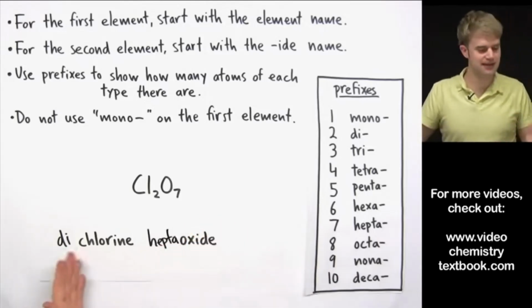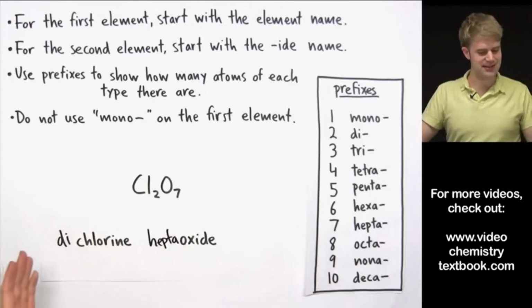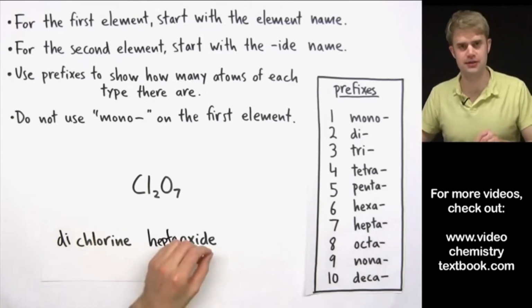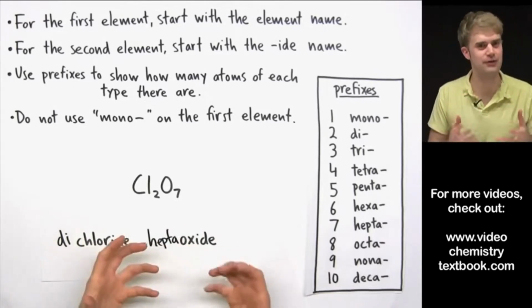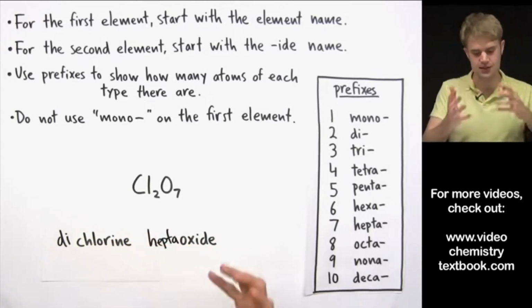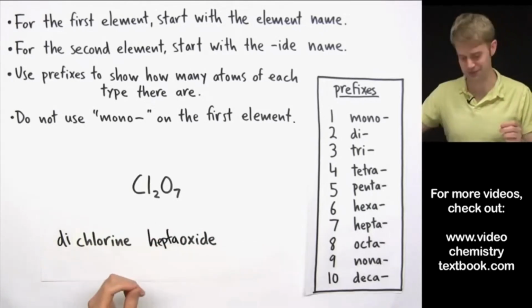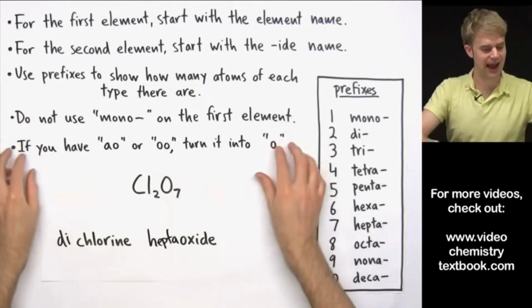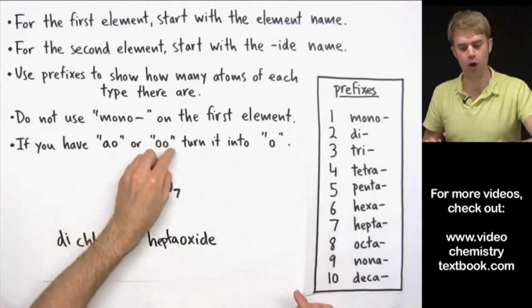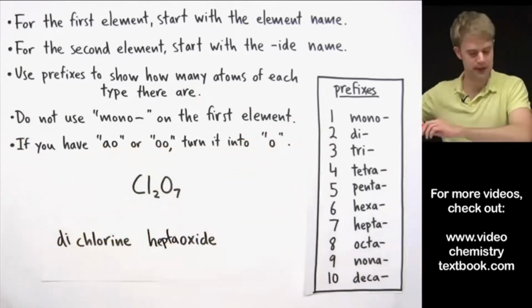Now try saying this compound name. We got dichlorine heptaoxide. Hear that heptaoxide thing? It's kind of awkward to pronounce. So to prevent us coming up with these really weird names, there's 1 more rule. And that's that if you have AO or OO, turn it into O. Here's what that means.